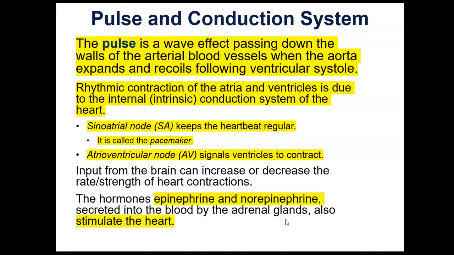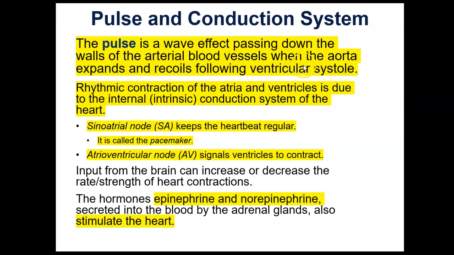So let's go on to a little bit about the pulse and the conduction system of the heart. The electrical system of the heart helps to maintain the heart rate. The pulse is defined as a wave effect passing down the walls of the arterial blood vessels, called arteries, when the aorta expands and recoils following ventricular systole.